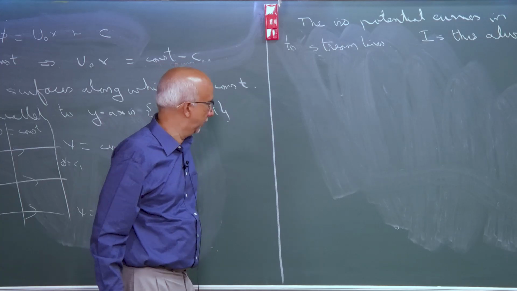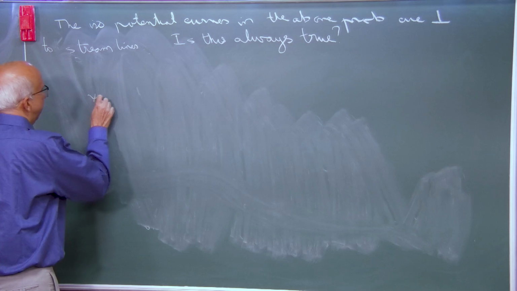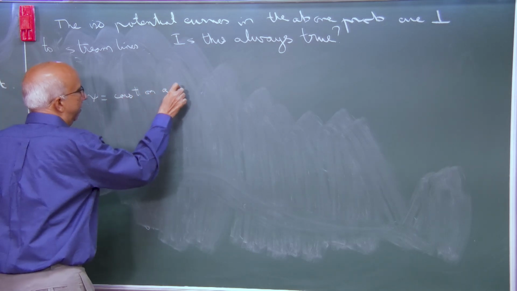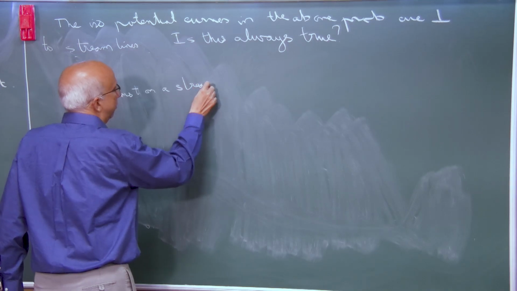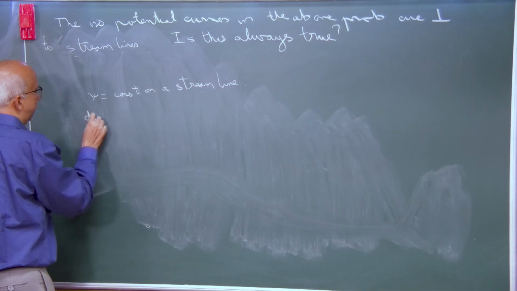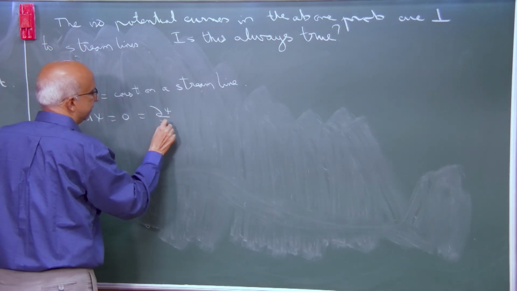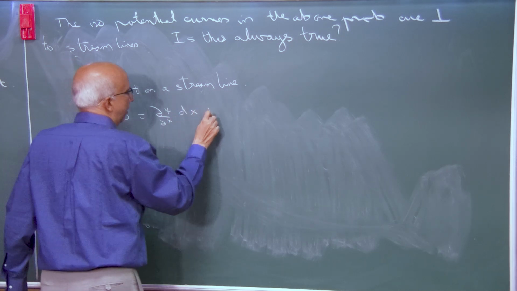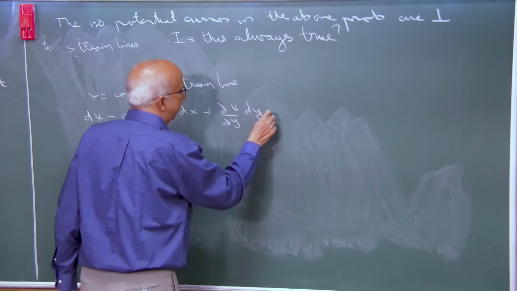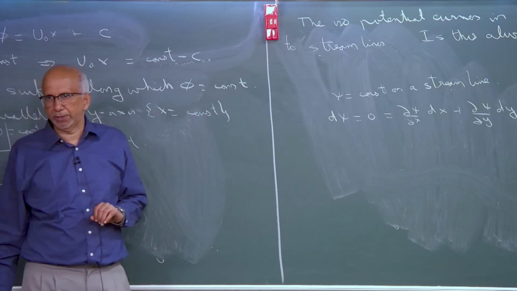So, we go back to this definition of psi equals constant on a streamline. So, d psi equals 0, which is d psi by dx dx plus d psi by dy dy along the streamline. Okay.